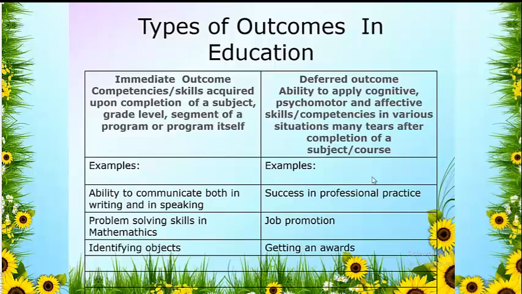While for deferred outcome examples, we have success in professional practice. Deferred because it could be achieved only upon the completion of a subject or a course. When they graduate, they could be successful in their professional practice. Another example is job promotion.